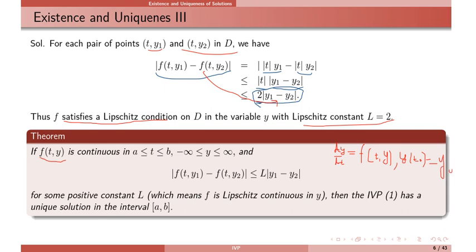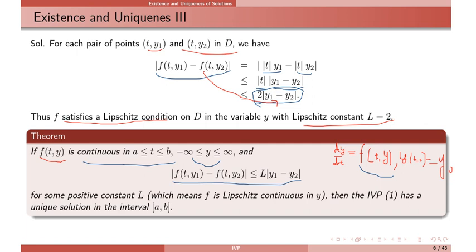So we take this IVP, dy by dt, and this f is continuous, with t running from a to b and y running from minus infinity to plus infinity. So you can take any y, and f satisfies a Lipschitz condition that we stated earlier: mod f(t,y1) minus f(t,y2) is less than or equal to L times mod y1 minus y2.